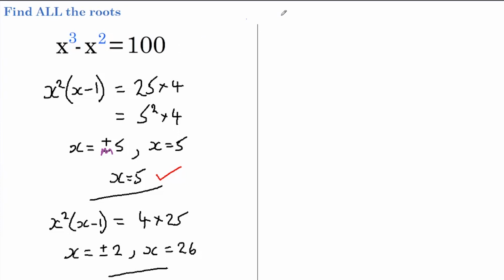Okay, so where does that leave us? Well, we know that x cubed minus x squared minus 100 equals x minus 5, that's the root that we know, multiplied by possibly another 2 roots.